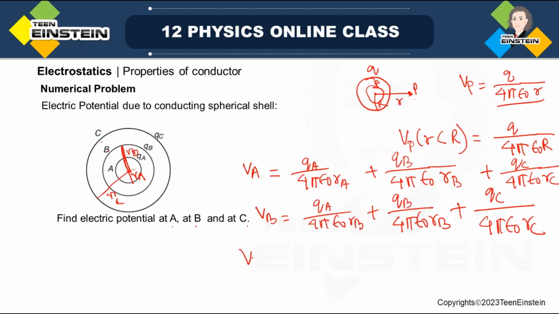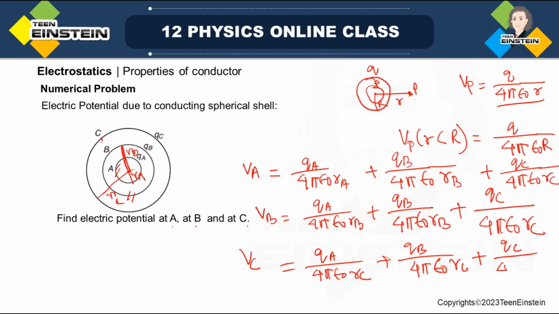The interesting point is this one, VC, the electric potential at this point C. For the inner shell, it is an outer point, and for the outermost shell it will be on the surface. So QA by 4 pi epsilon naught RC, plus QB by 4 pi epsilon naught RC, plus QC by 4 pi epsilon naught RC.